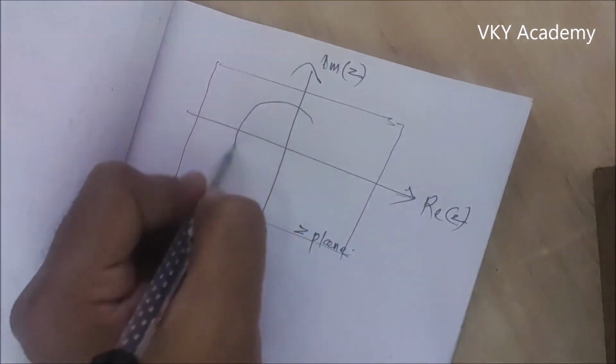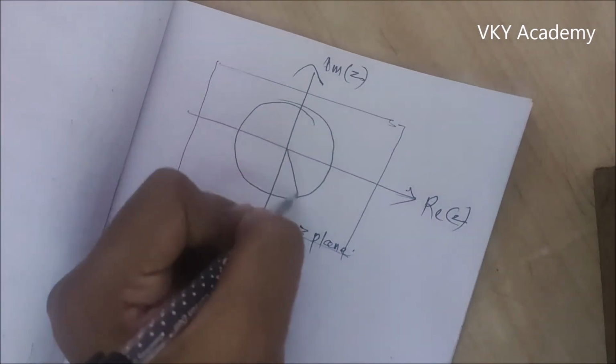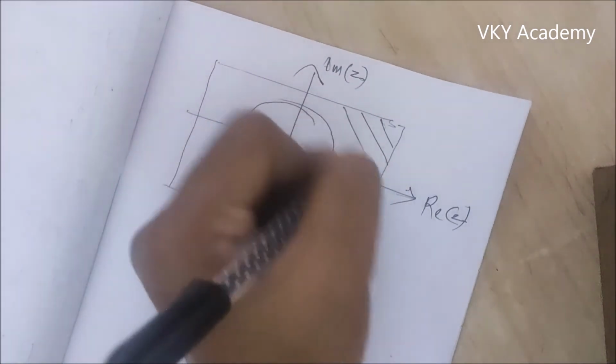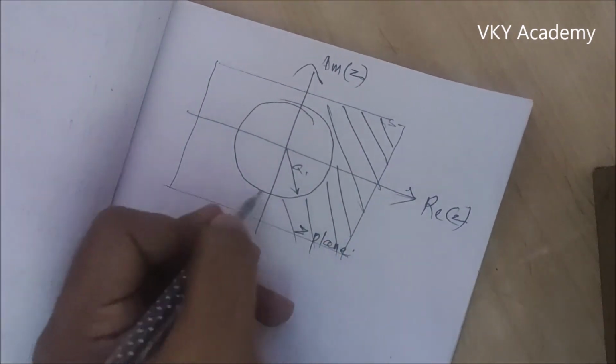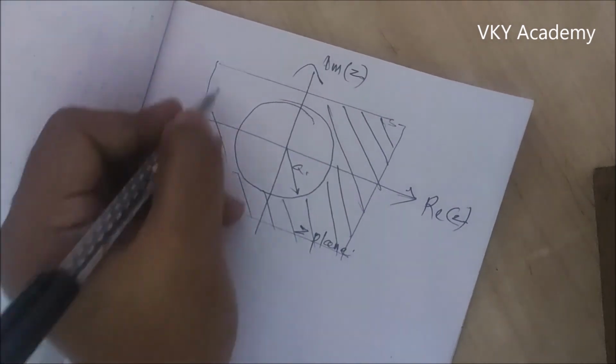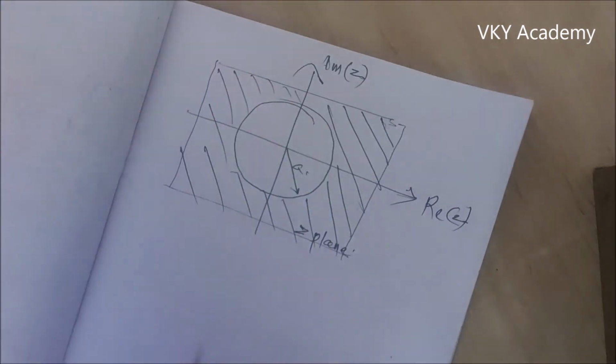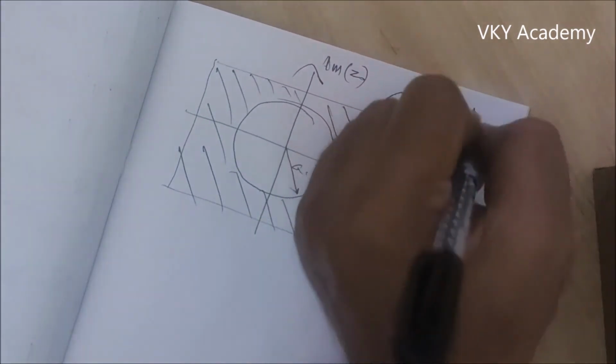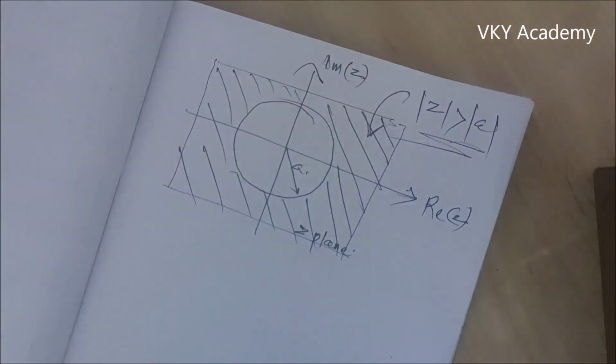So we draw a circle with radius a, and the ROC is exterior to the circle with radius a, as u of n is a causal sequence. So this is mod z greater than a is my ROC.